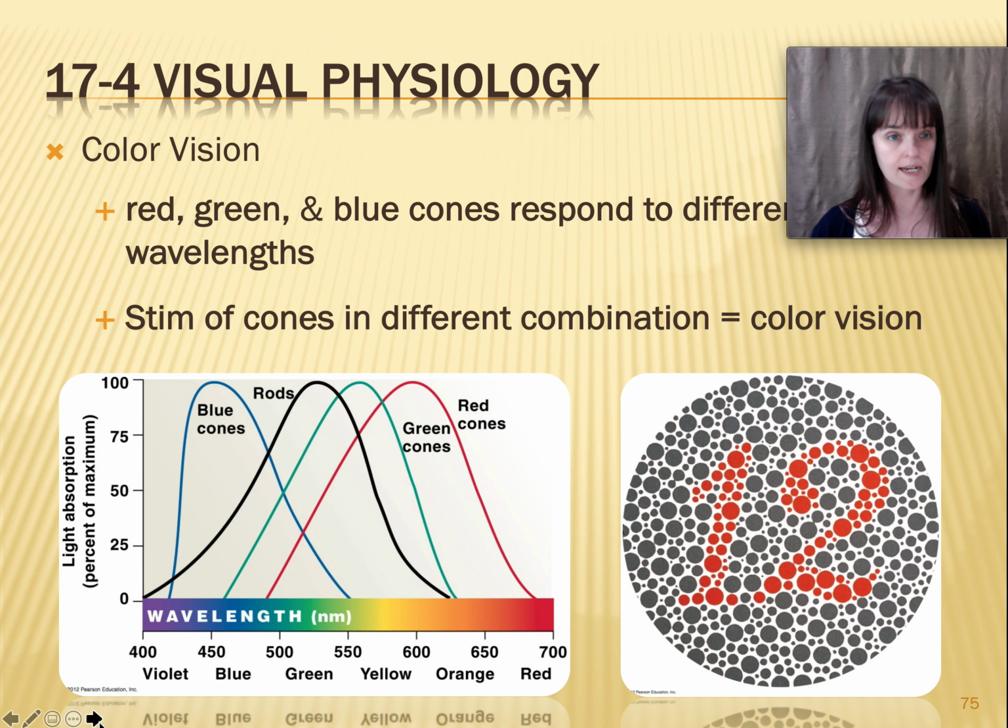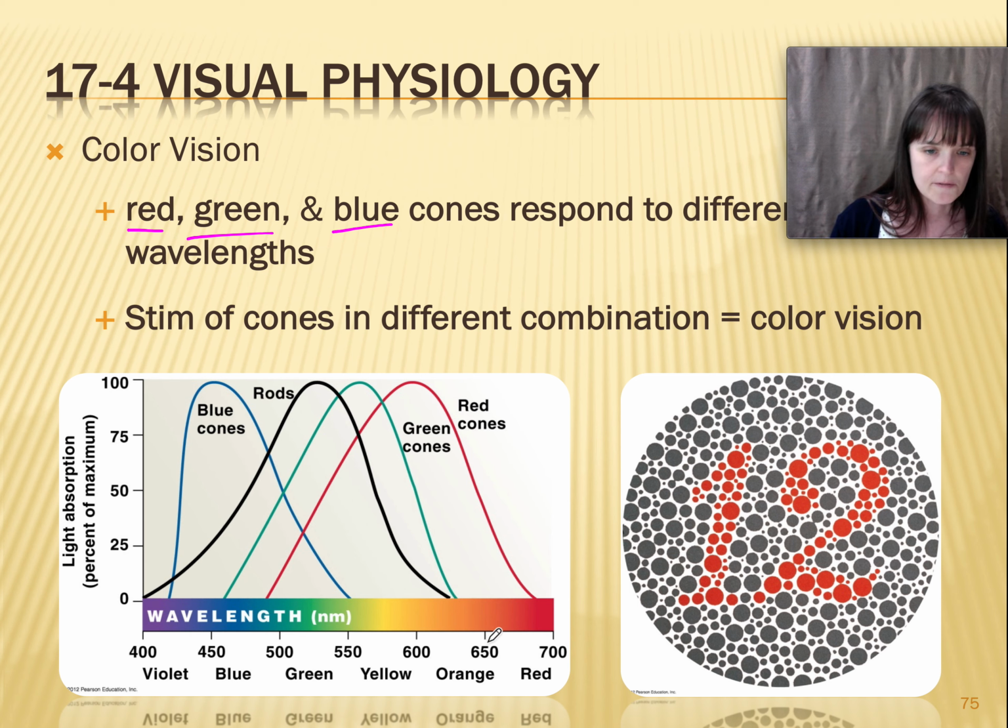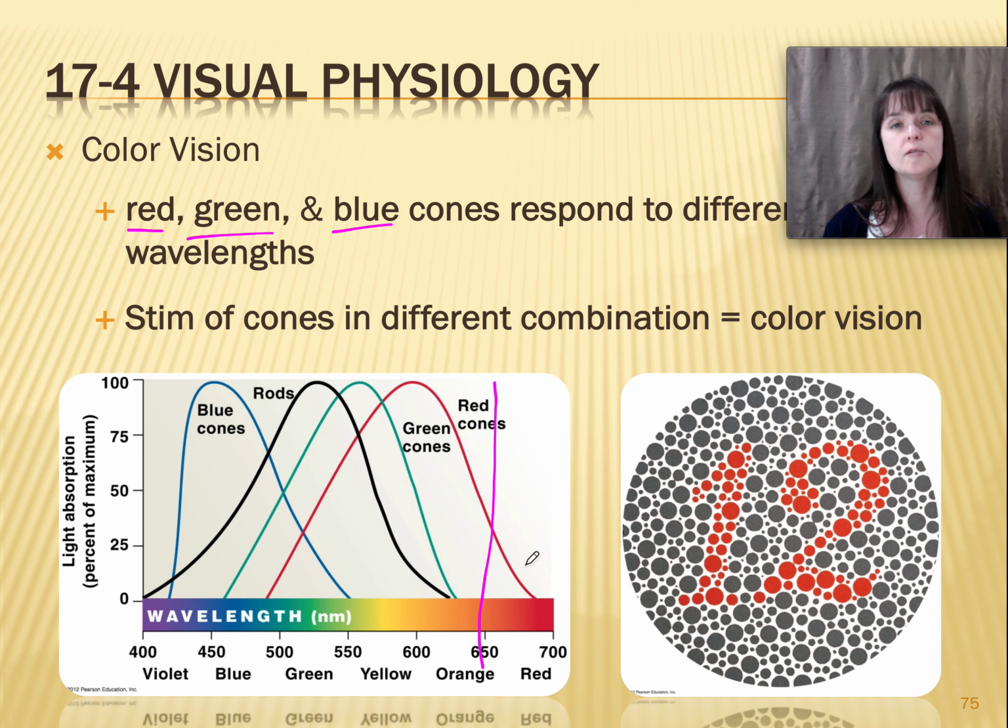Okay, blue, green, and red cones. Red, green, and blue are the 3 different types of cones, and they respond differently to different wavelengths. So the basis for color vision is which pattern of rods and cones are activated. If only red cones are activated, then you know you're looking at something red. If only blue cones and rods are activated, then you know you're looking at something blue or purple, depending.